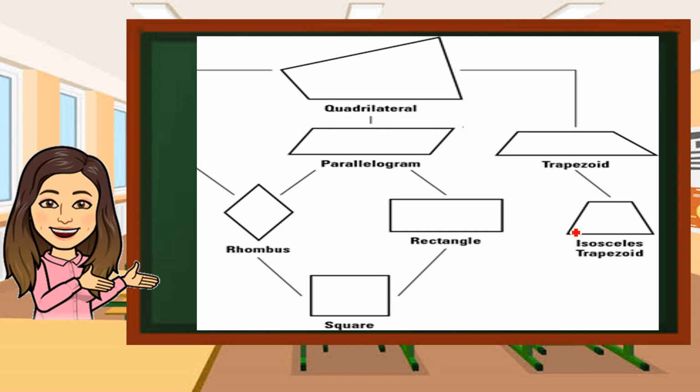So if you measure these non-parallel sides of this trapezoid, their measurement is the same.